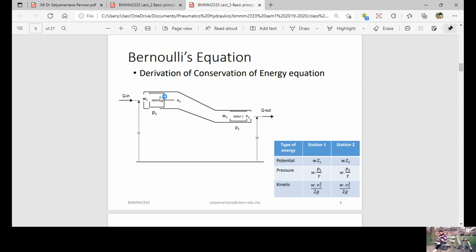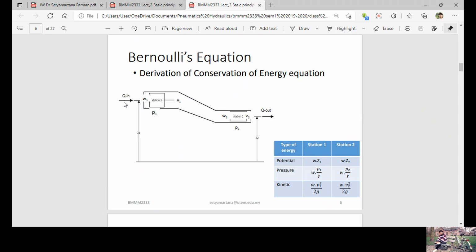Suppose the control volume has the width W1 and the velocity V1, and has the pressure P1 at the elevation Z1.